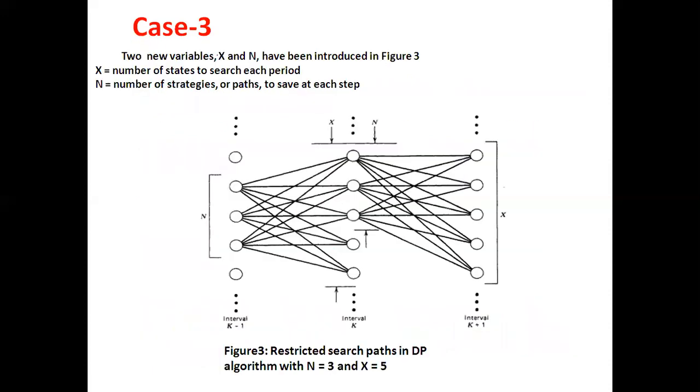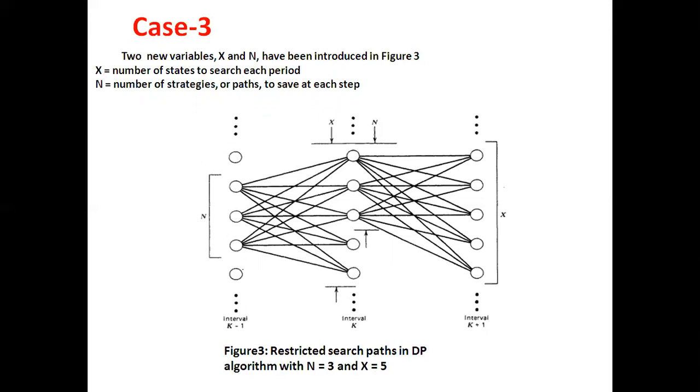So here the 2 variables that we include are x and n, shown in this figure, where n equals 3 and x equals 5. Here x is the number of states to search each period, and n is the number of strategies or paths to save at each state.